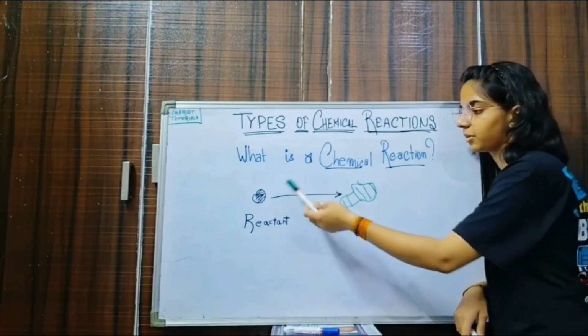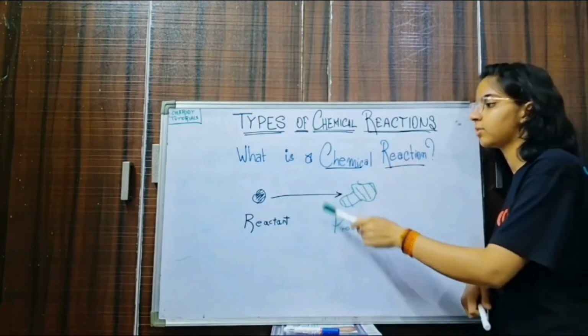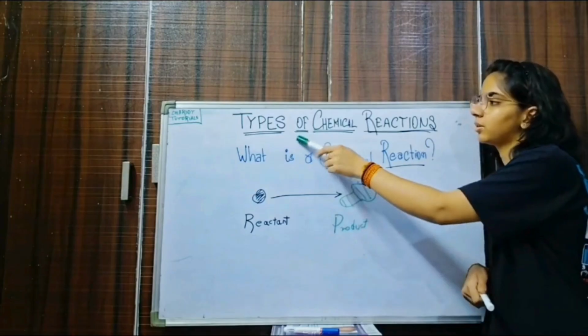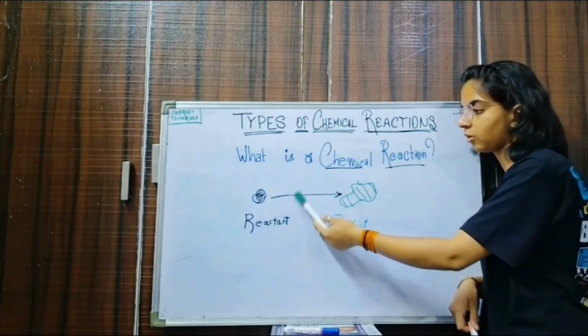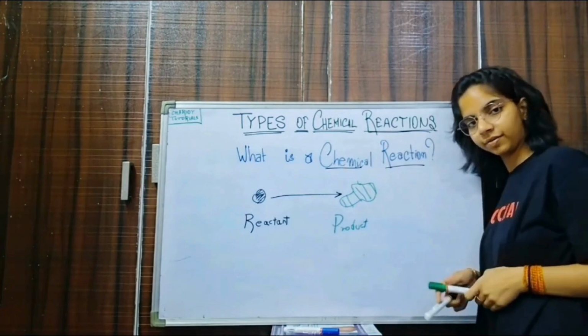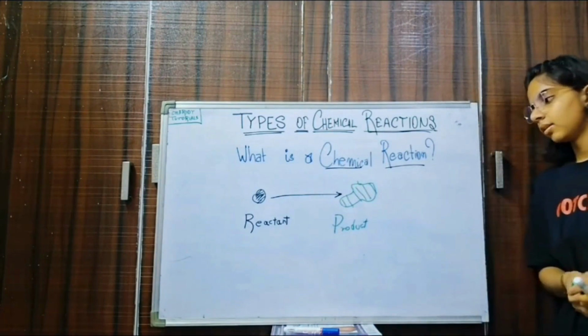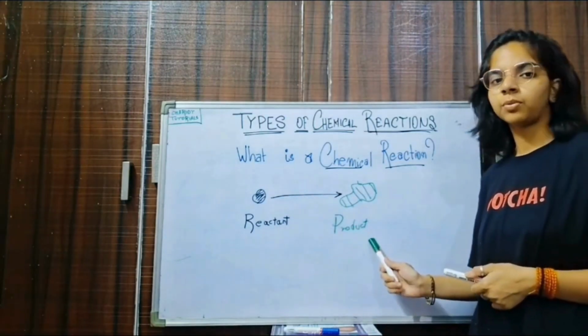This arrow represents the chemical change that is occurring. It can be of many types, and those many types only we are going to discuss, and on the basis of these changes, that what kind of chemical change is going on, the types of chemical reactions are classified. Alright, so reactant undergoes chemical change to give a new product.